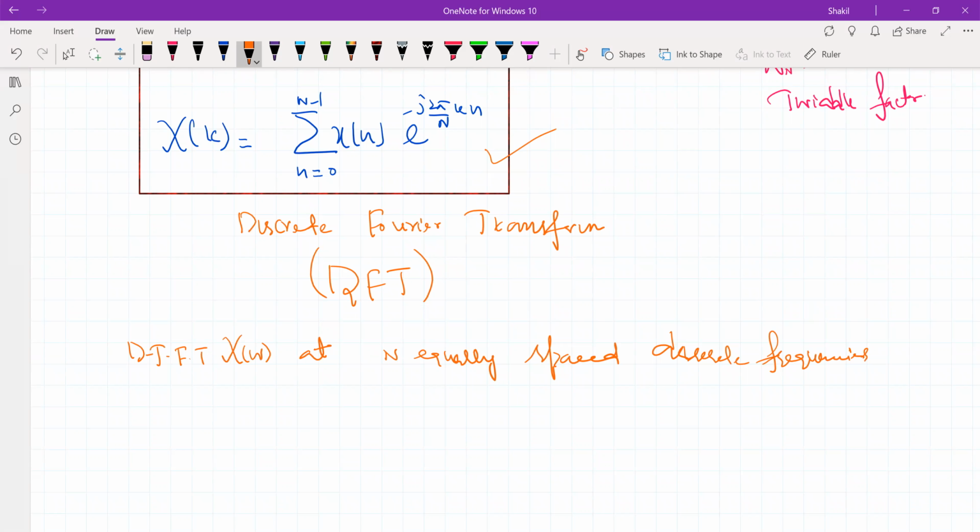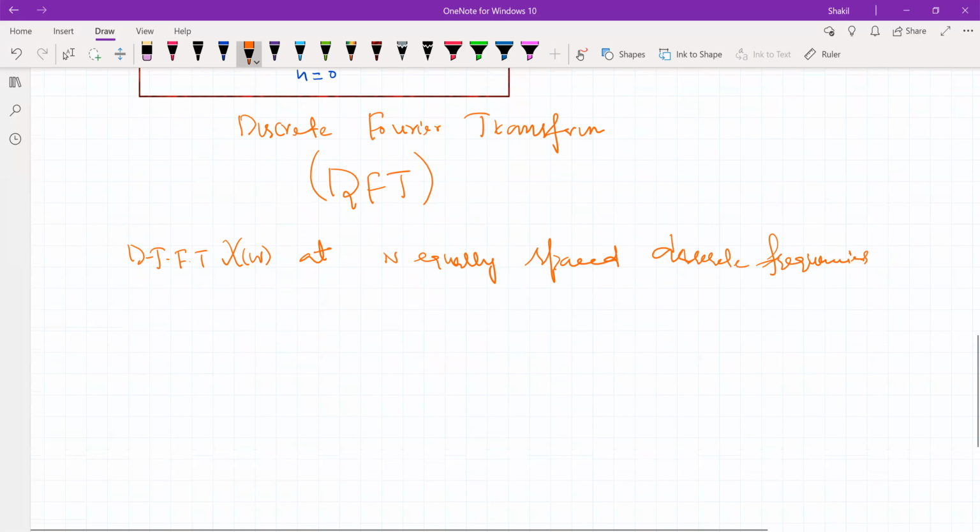That's why X of k is referred to as the discrete Fourier transform. And remember, what's the relationship between X of k and X of omega?